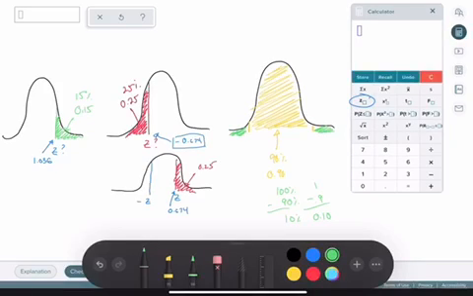Since we're symmetrical again, to figure out our number we take that 10% and divide it by 2, and we get 0.05. So this area right here accounts for 0.05, and this area right here accounts for 0.05.